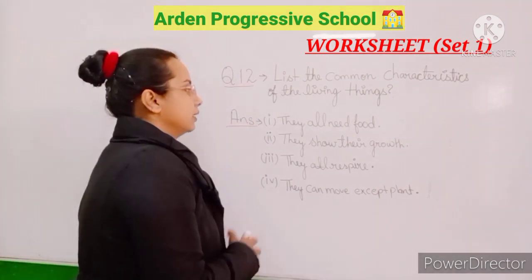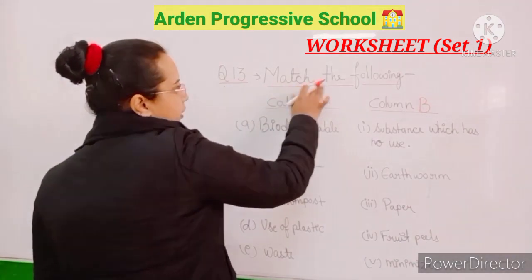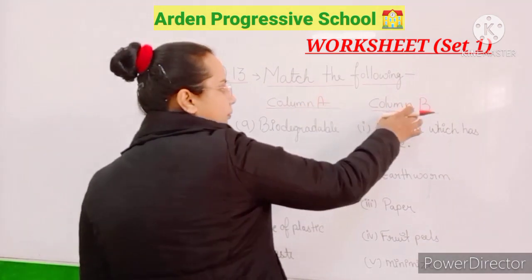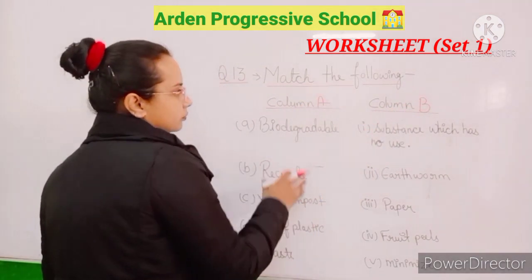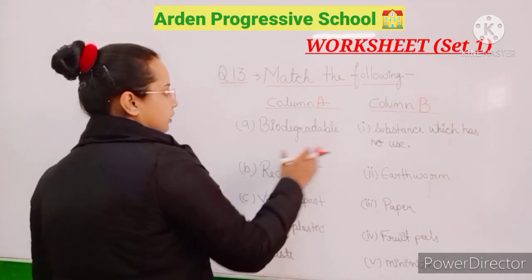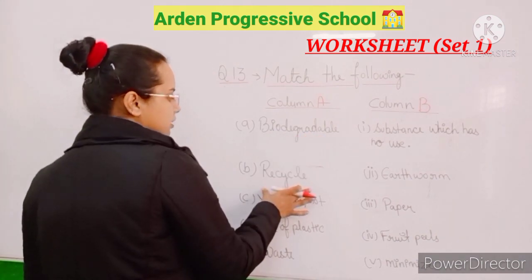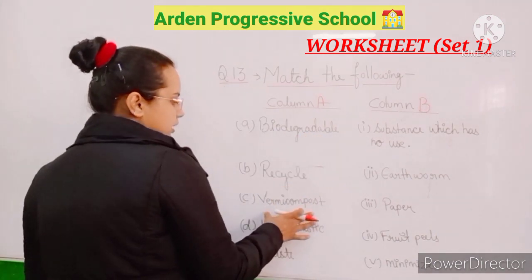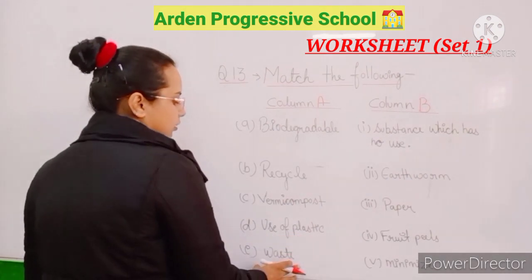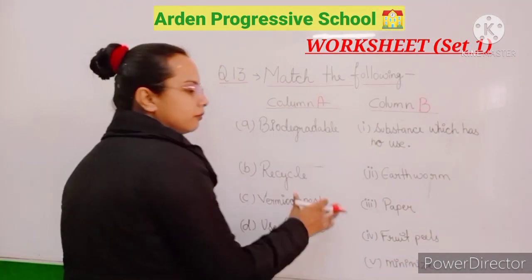Okay, now the next question, question number 13, is match the following. So these are the columns, column A and column B. You have to match the following. First is biodegradable, second is recycle, third is vermicompost, D is use of plastics, and the last one is waste, and these are the options from which you have to match.